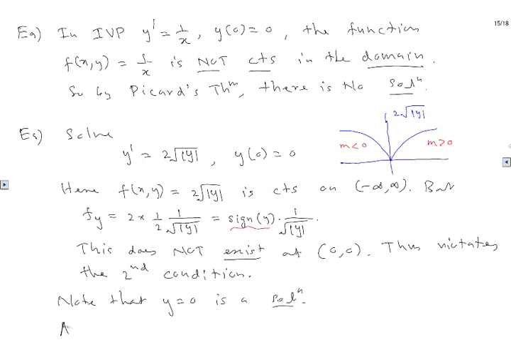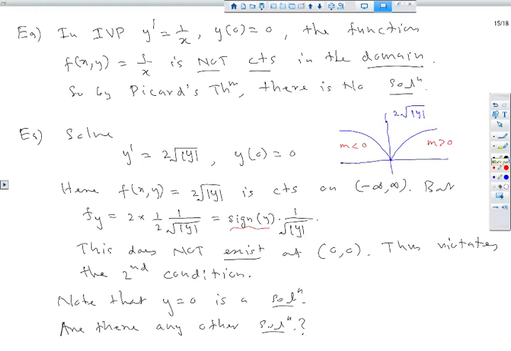Are there any other solutions? You can see that yes, there is another solution. That means it's going to violate the uniqueness. So let's see what the other solution is. For positive values, let's integrate this one.